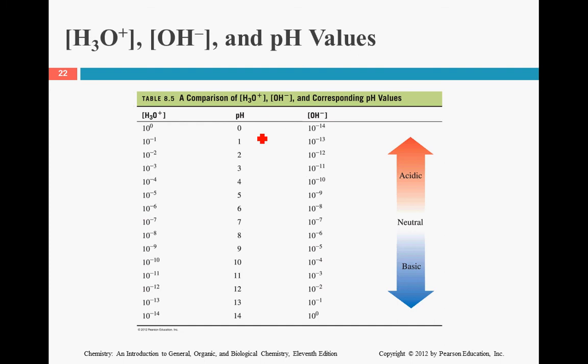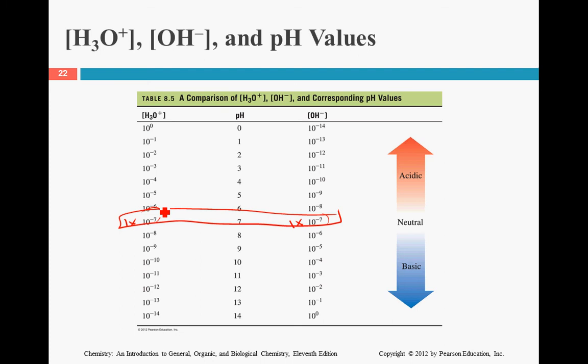Let's take a look at this for a second, as far as concentrations of the OH and the H3O plus is considered. Here's our scale. Here's neutral. At 7, the OH and the H3O plus is exactly the same. This is talking about 1 times 10 to the negative 7, 1 times 10 to the negative 7.